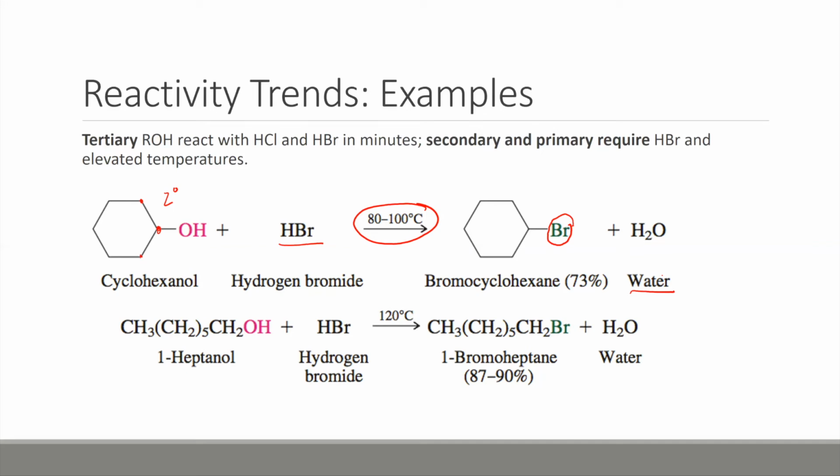Here's 1-heptanol. 1-heptanol is a primary alcohol. Here's the carbon attached to the OH, and it's only attached to 1 other carbon. In fact, if you draw 1-heptanol out, this would be 1, 2, 3, 4, 5, 6, 7.